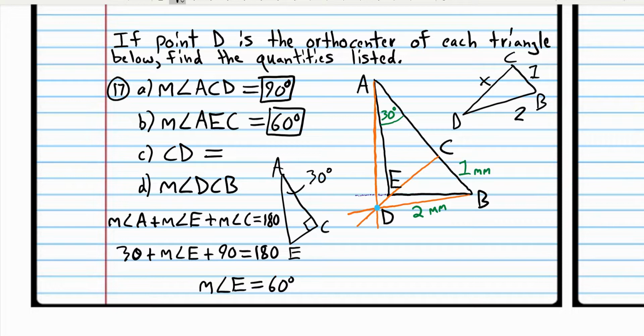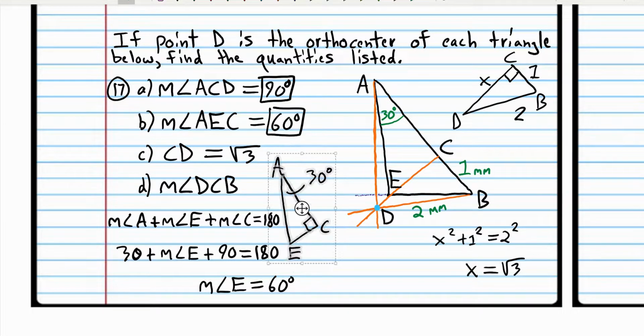So now we need to use the Pythagorean theorem, x squared, and again this is a right angle, x squared plus 1 squared is equal to 2 squared. Do all the math on that, and we end up with x is equal to square root of 3. So CD is the square root of 3. And we have to write millimeters.